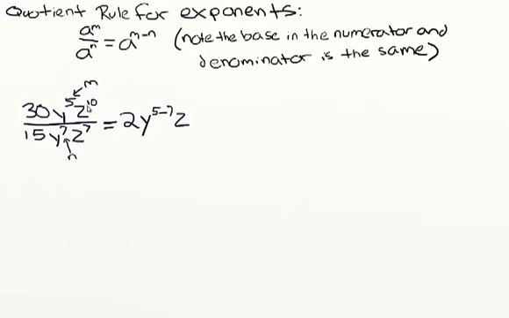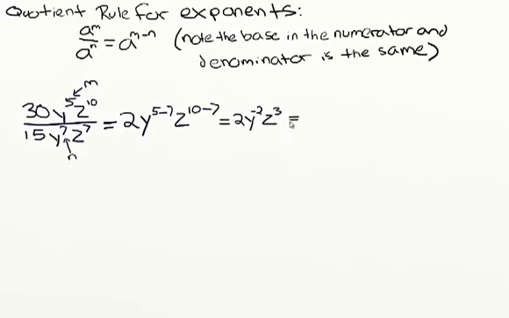So our numerator, we have 10 as our m, and then in the denominator we have a 7 as our n for z. So now we can do the subtraction. 5 minus 7 is a negative 2, and 10 minus 7 is a 3.